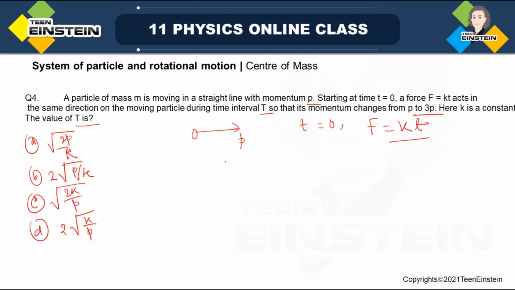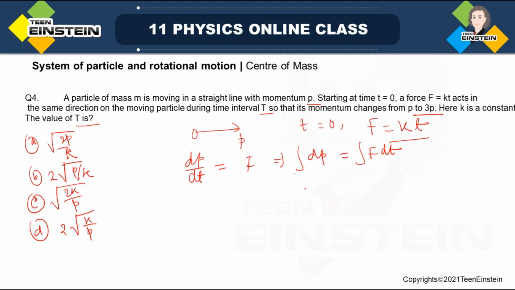So look, we know from Newton's second law of motion, dp by dt is equal to force. Or we can do integration of dp. In this case, I can take the limit.